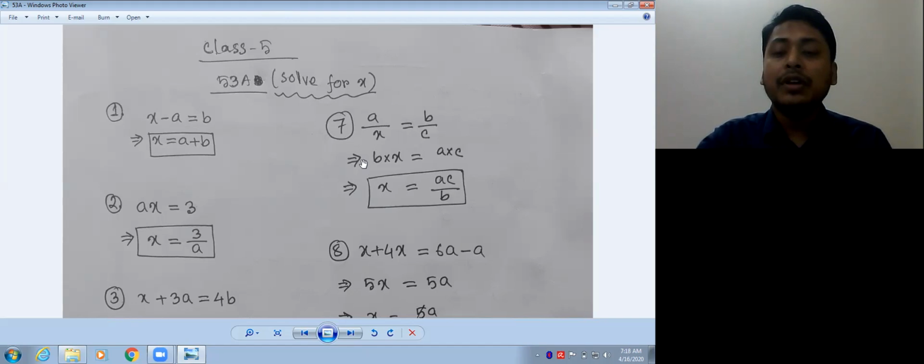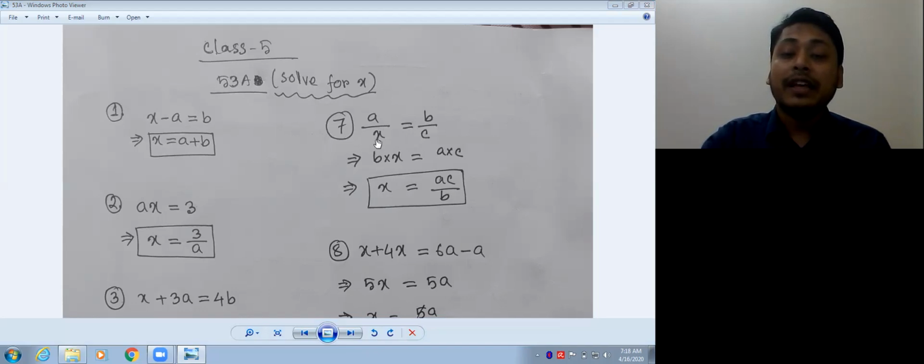Okay, so let's go. You can start by a c and you can start by x b. For your benefit, just start with the x corner. That means x and b, we start with the x because this is what has to be found out.